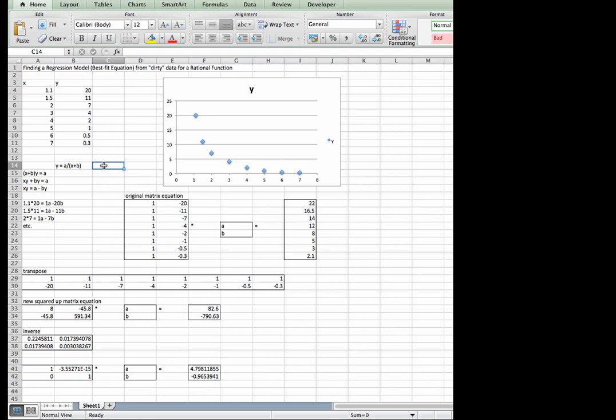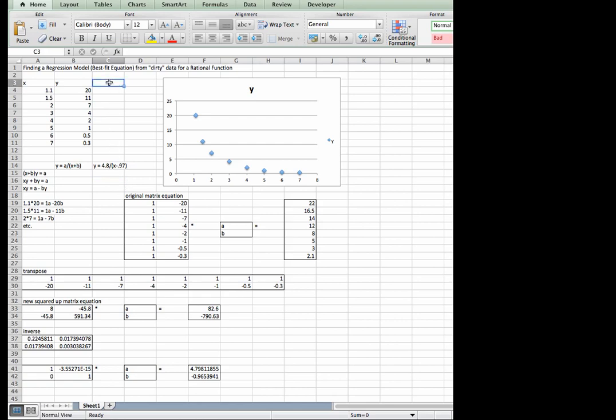We'll have y equals our A, 4.8 approximately, divided by the quantity of x plus a negative, which would be minus, so we'll just put minus and then approximately 0.97. All right, that should be our equation, but let's just check it out to make sure.